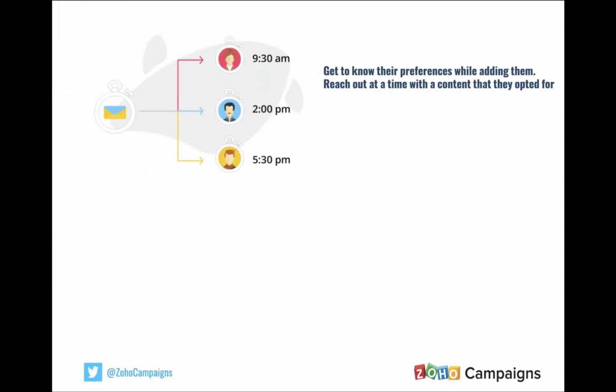You should get to know the preferences of your email recipients when you're adding them. That is, you should understand what kind of email content they want, and also what time they want their emails to be sent. Very often we say that it's best to send out an email in the morning before your email recipients usually start their day-to-day work, or before their day gets too busy.